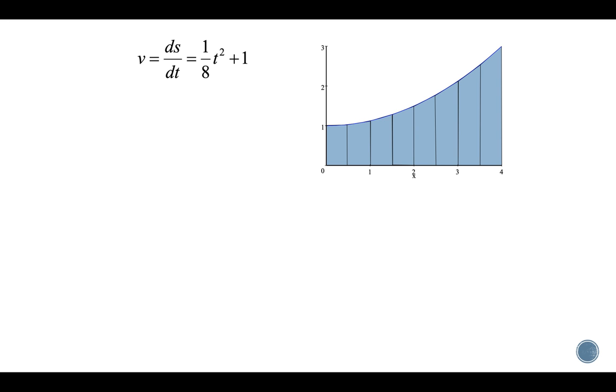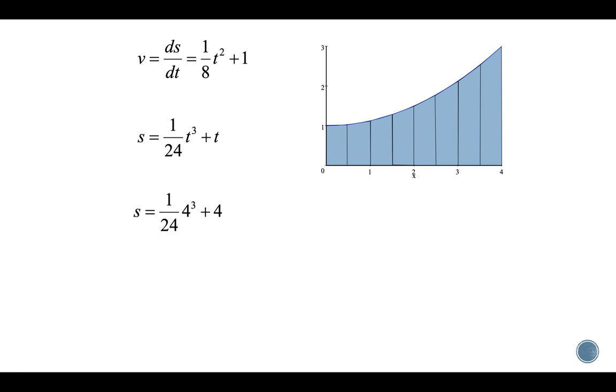All right, so our velocity is the change in distance over change in time, ds/dt, and that is equal to 1/8 t squared plus 1. So s, our distance, is going to be 1/24 t cubed plus t.